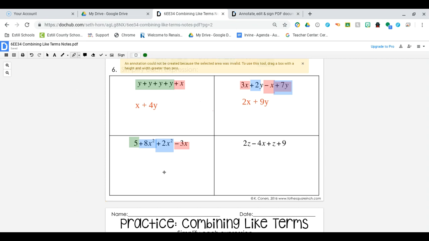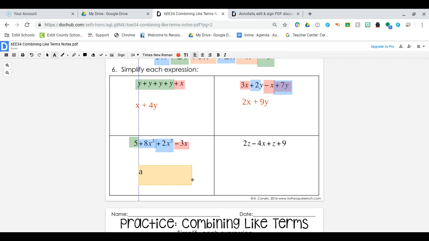And we'll get to that in just a second. So when we start out, we have 8x squared plus 2x squared, and that's going to give you 10x squared. Then we have minus 3x, and then we have plus 5, because since that was a positive 5, you want to carry the plus symbol with that.